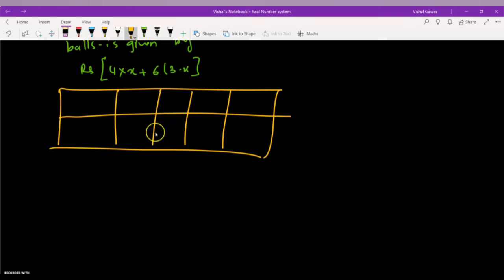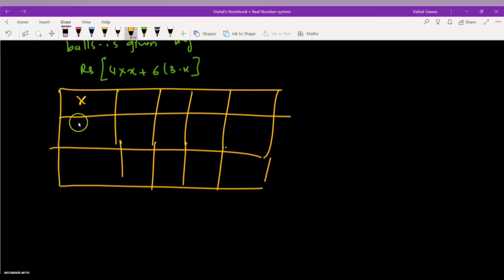So let me make another table here. We have x, we have p of x, and then we have the reward Rx in rupees. x was 0, 1, 2, 3.